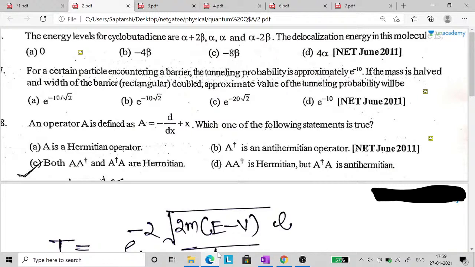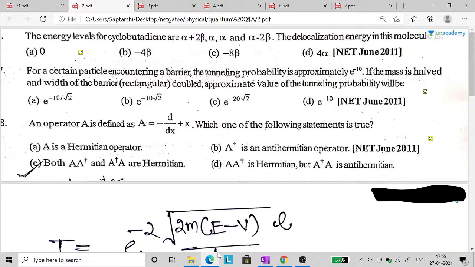The energy levels for cyclobutadiene are alpha plus 2 beta, alpha, alpha, and alpha minus 2 beta; find the delocalization energy of the molecule. This is actually about Huckel molecular orbital theory. To solve this, we will need some concepts of Huckel MOT, which we will see right now.